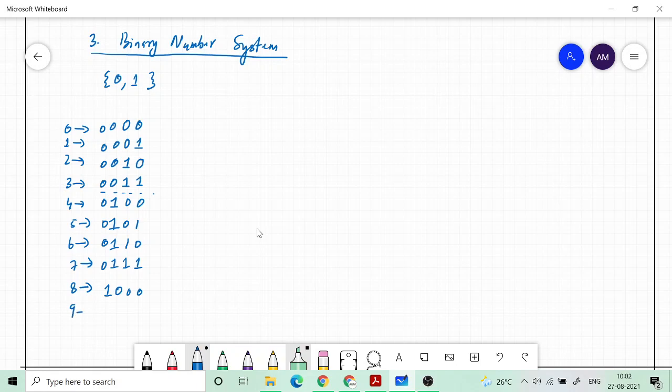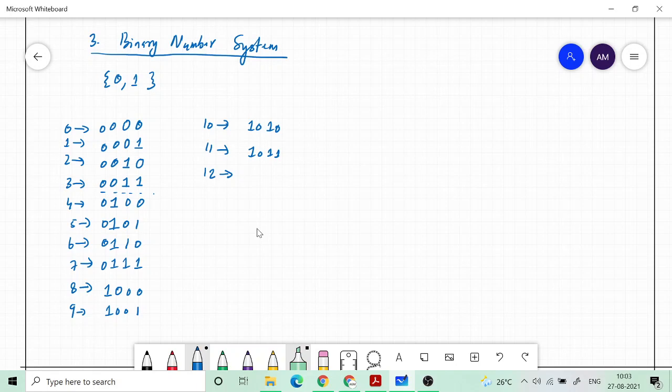If you want to go to 9, you can go 1 0 0 1, and then the next one, 10, is 1 0 1 0, 11 is 1 0 1 1. These are things that you should learn by heart, because we will use them repeatedly throughout the course on various occasions.